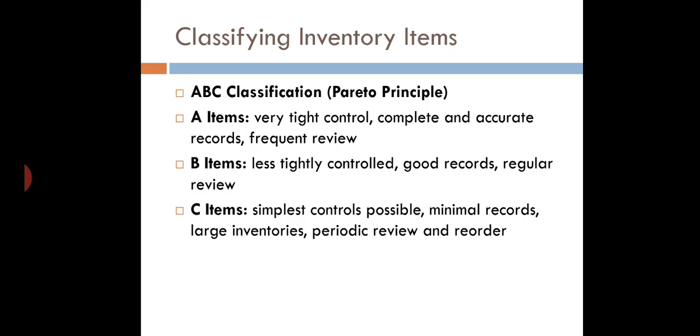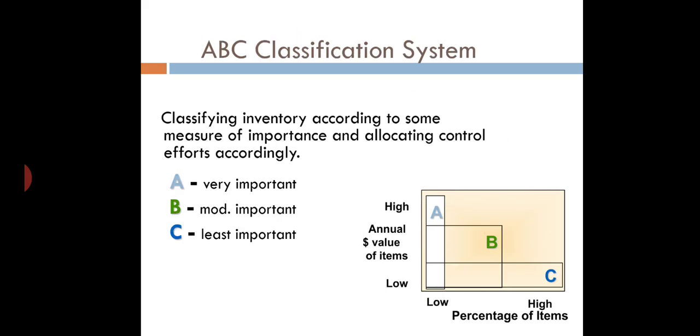For B items, there will be less control, with records and regular review definitely. And for C items, you will have minimal records and the simplest control possible. So A, B, and C in a graph will look like this, with value on the y-axis and percentage of items on the x-axis. You can see that A items will be very low in number, but the value will be much higher.